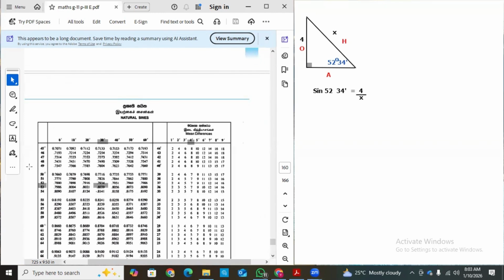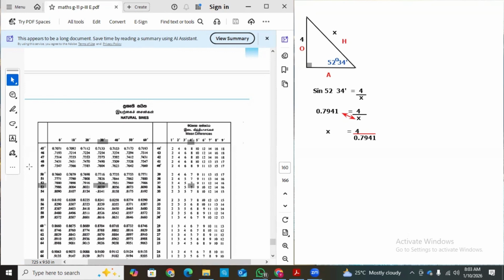Right, so what's the answer there? 80, 39, sorry, 79, 34. For that 79, 34, now we have to add 7, then 79, 41. Right, and now what we have to do? We should switch the places to obtain this answer. And here it's like this, x is equals 4 over 0.7941.